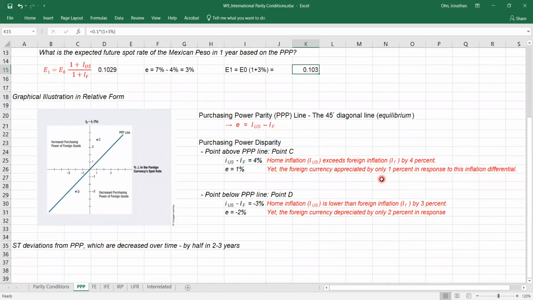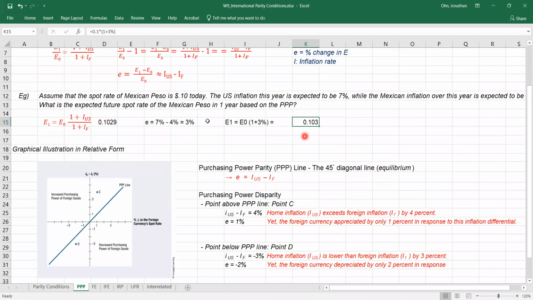Graphical illustration of the relative form of PPP. One is the percentage change in exchange rate, the left-hand side. The right-hand side is relative inflation. So let's put relative inflation on the y-axis and percentage change in exchange rate on the x-axis.